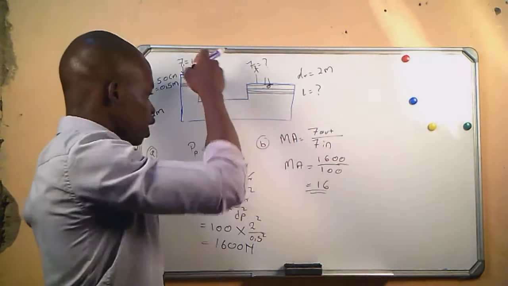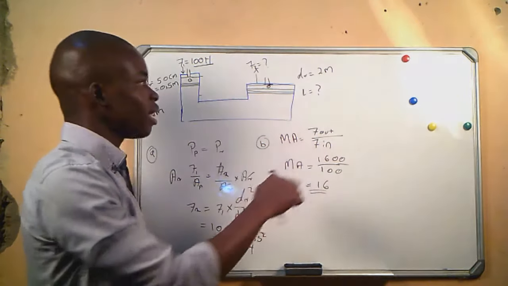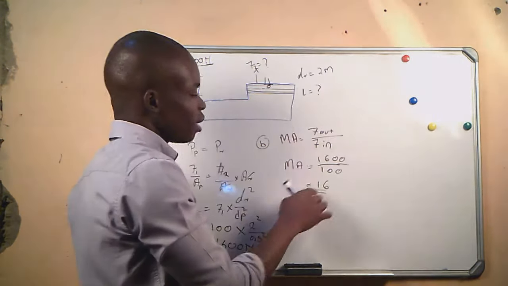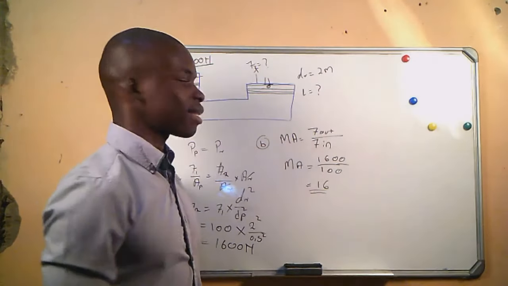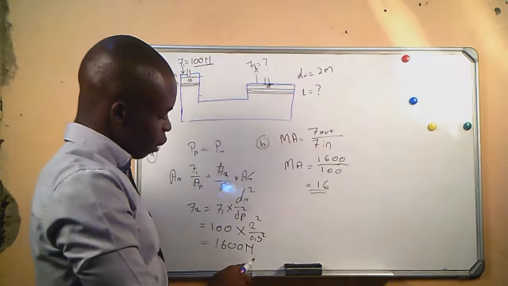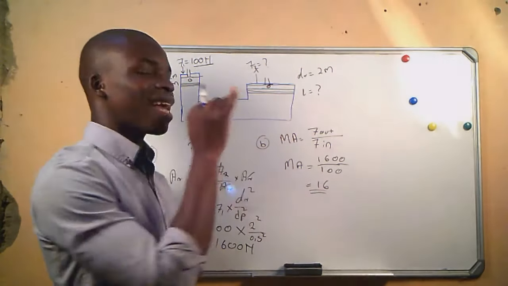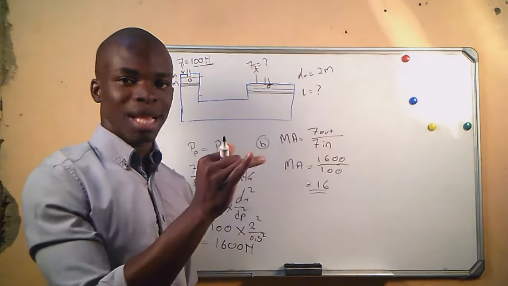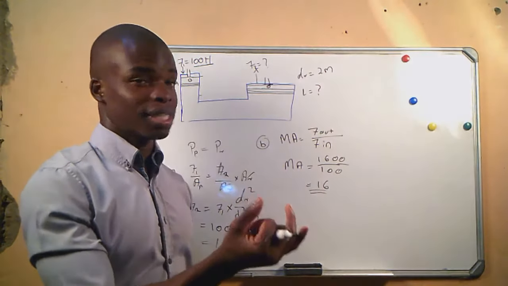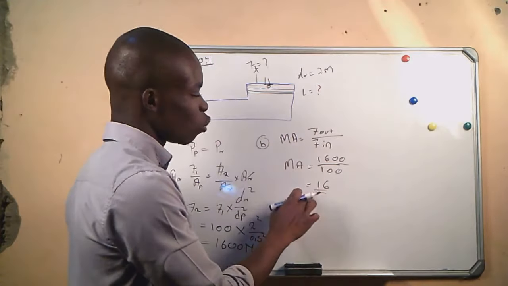The force that we put in, the machine will take that force and multiply it by 16, and then apply it on the ram. That is what we are going to get. 100 times 16 is 1600.